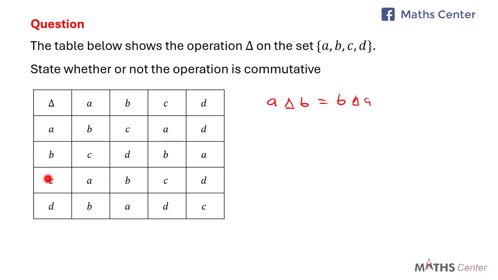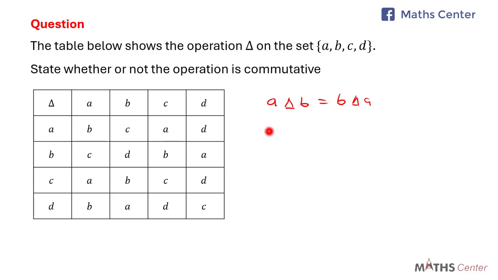So you can pick C delta D is equal to D delta C, or B delta A is equal to A delta B, or D delta B is equal to B delta D. It's the same thing. Any one that you pick should work. So here I'm picking A delta B should be equal to B delta A.